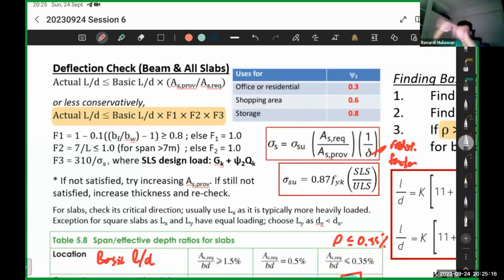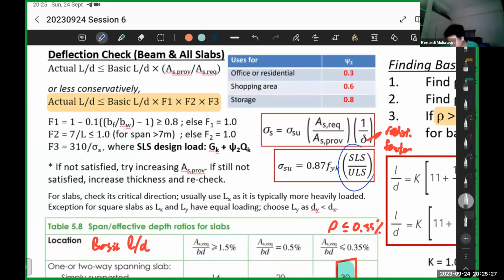Again, it's a lot of steps. Fyk is the steel strength. Then what's this? SLS divided by ULS. ULS is basically 1.35 GK plus 1.5 QK, our ultimate limit state load. If you remember, the dead load factor is 1.35 and the live load factor is 1.5.